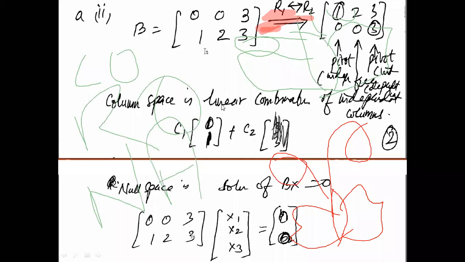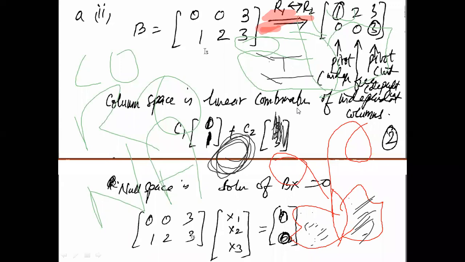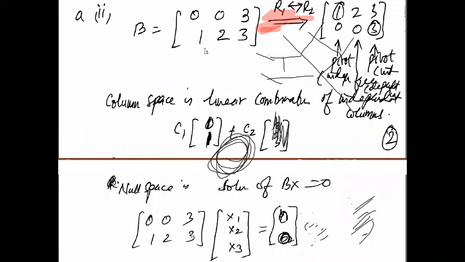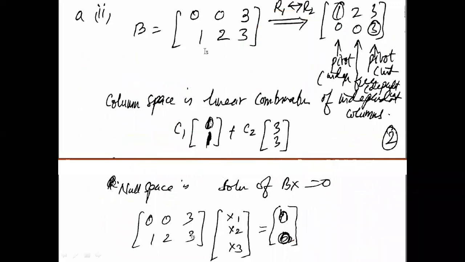So the first column helps us, which is C1, so you'll have C1 from the original matrix.